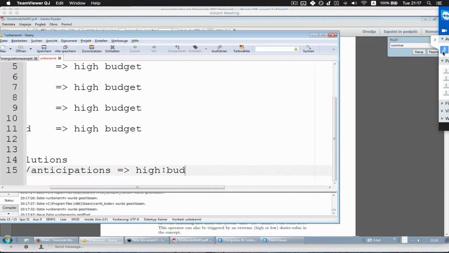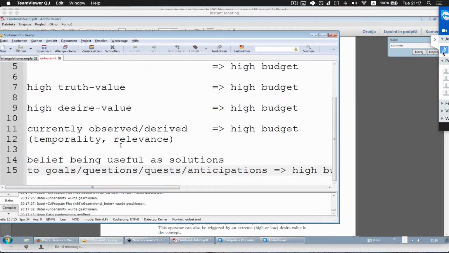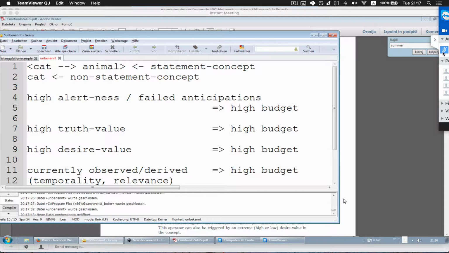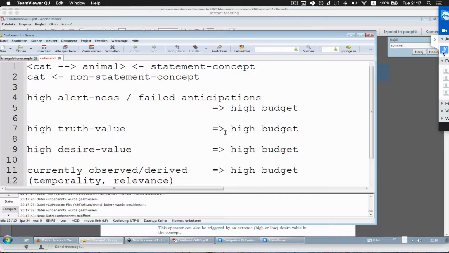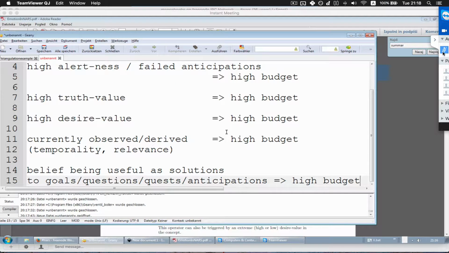Also high budget. I think I still don't have all the different factors which influence budget, but as we see, it's really a lot. Oh yeah, you're right. There's a whole range of them. I understand that. Now that makes more sense, looking at it that way.